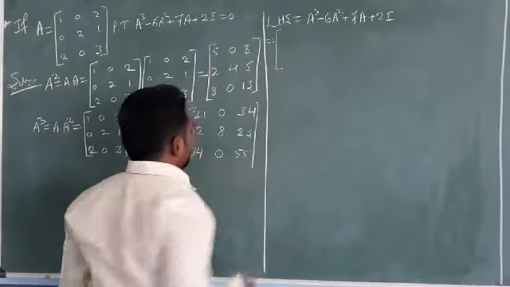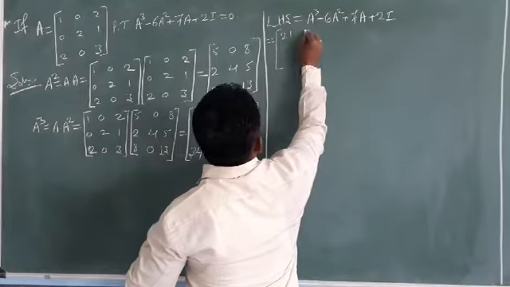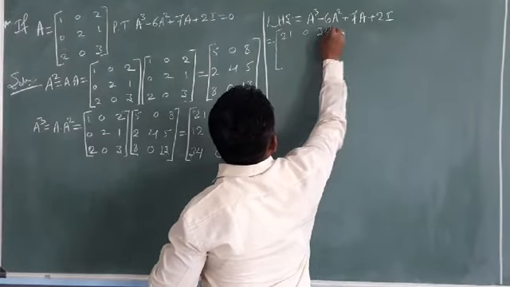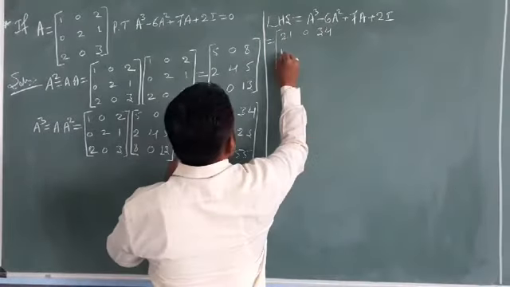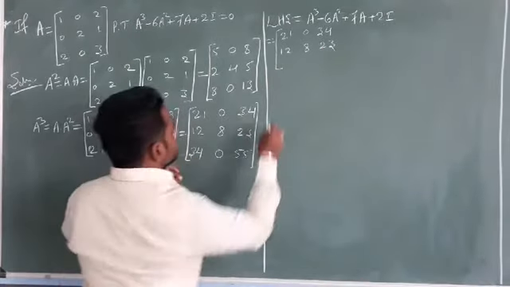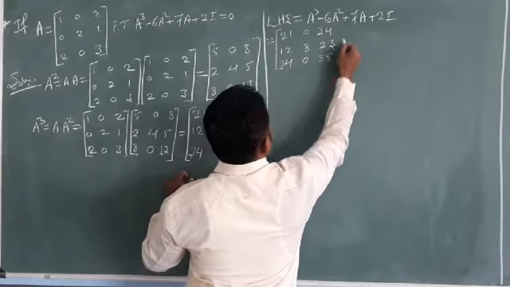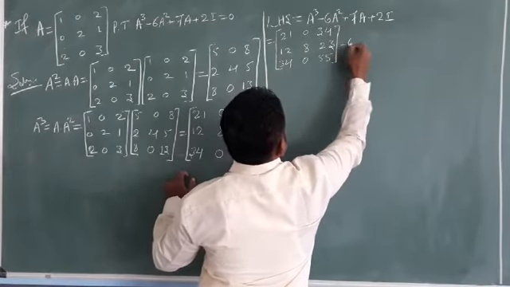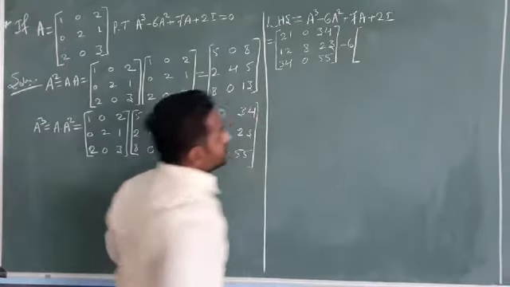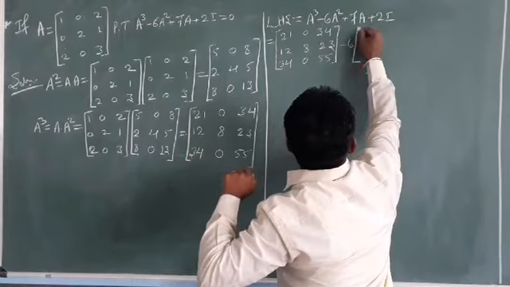Already we find, that is 21, 0, 34, 12, 8, 23, next 34, 0, 55. Minus 6 into A square. That is A square is here. 5, 0, 8.